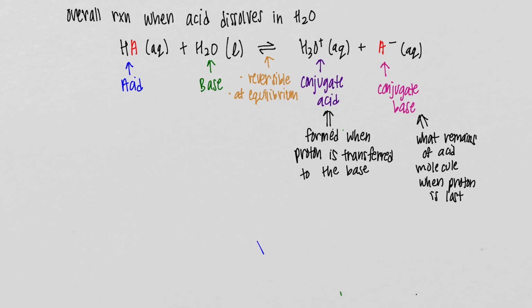So you're going to have these four. When you have acid dissociation in water, you're going to have these four parts to it.